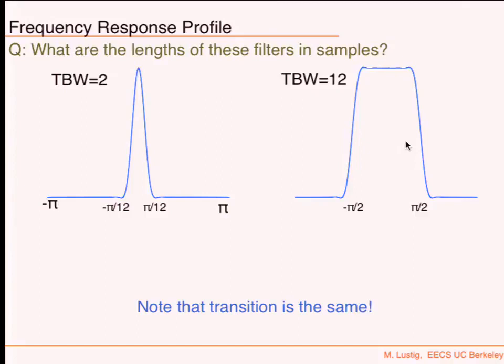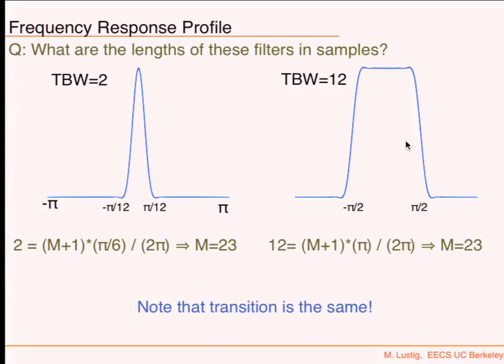It was radians, so inverse radians. It is unitless. It's cycles per sample, because for discrete time you take samples, n, and that is converted into omegas after the Fourier transform. So it is unitless.